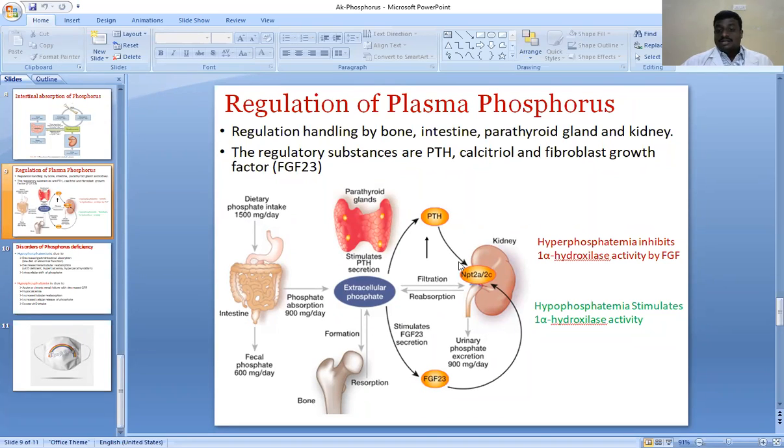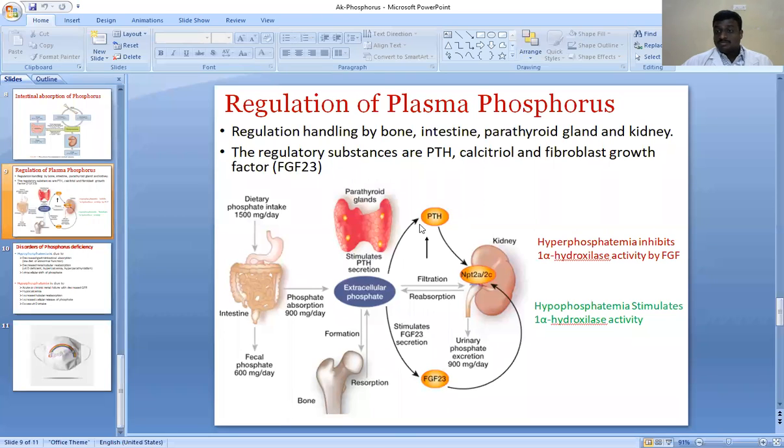Parathyroid hormone acts on the tubules, reduces phosphorus reabsorption, and increases phosphorus excretion into the urine.